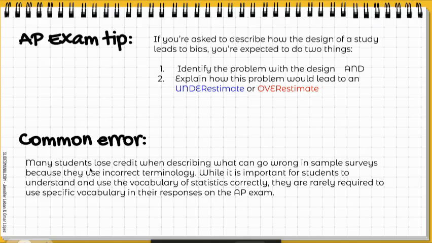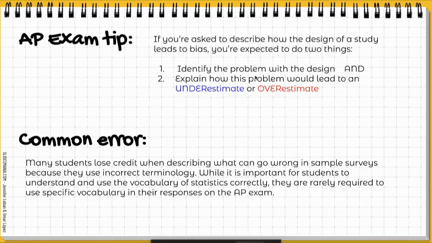So a common error. Many students lose credit when describing what can go wrong in sample surveys because they use incorrect terminology. While it's important for students to understand and use the vocabulary of statistics correctly, they're rarely required to use specific vocabulary in their response. So it's important to just describe it, even if it's not using statistics words.